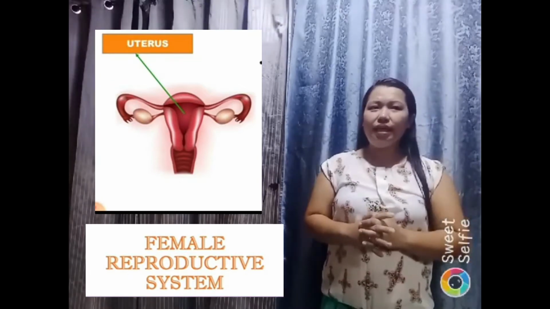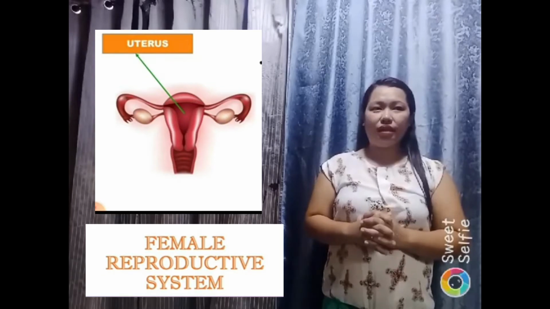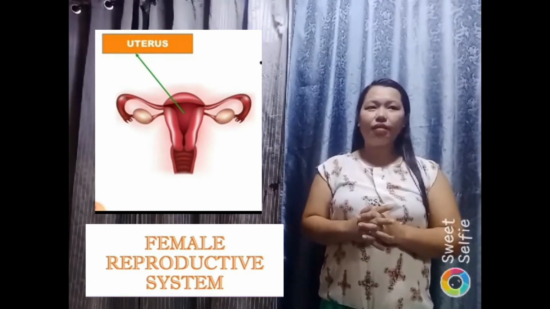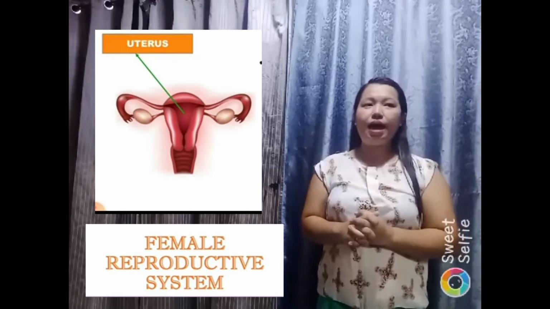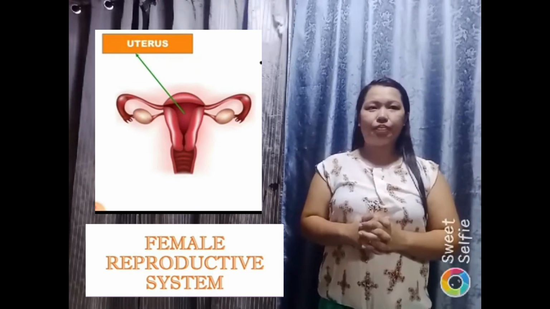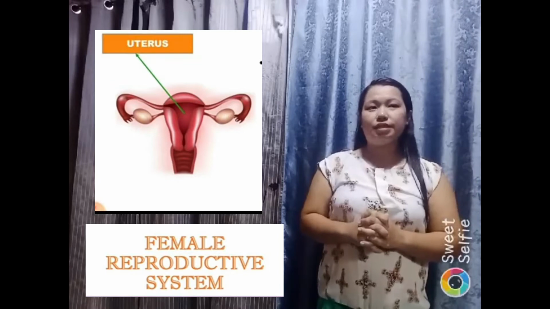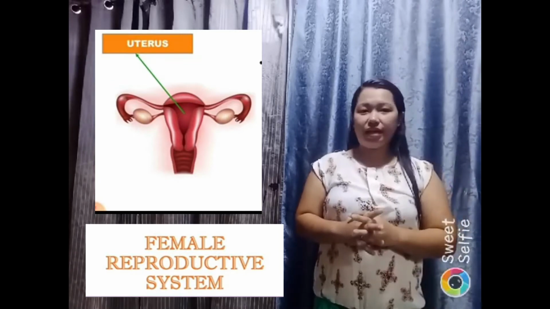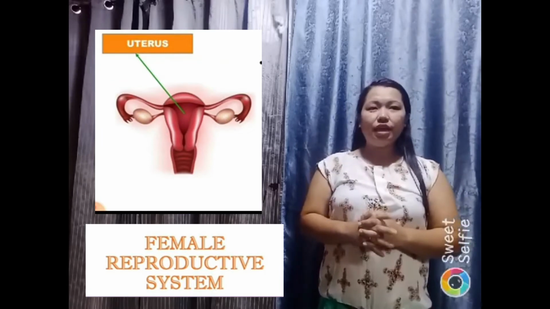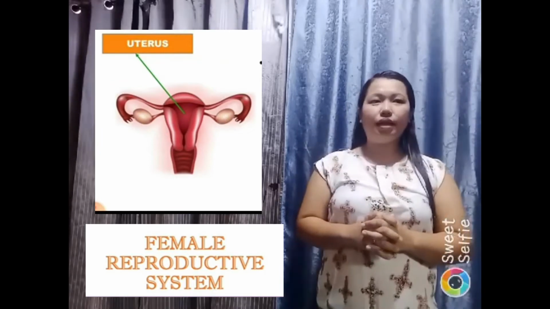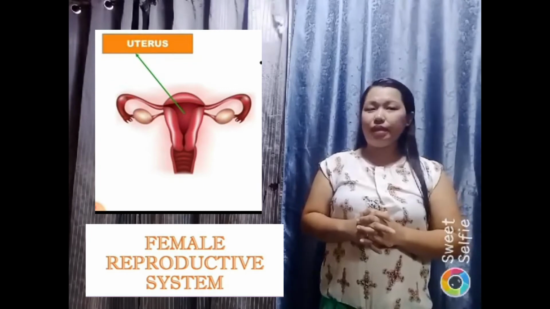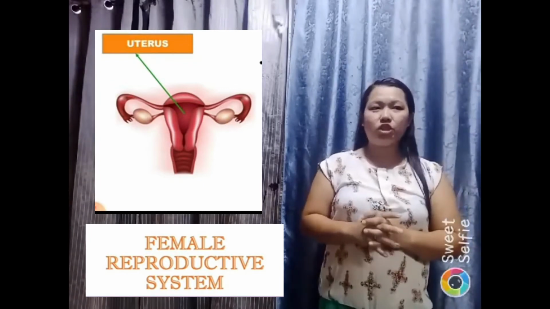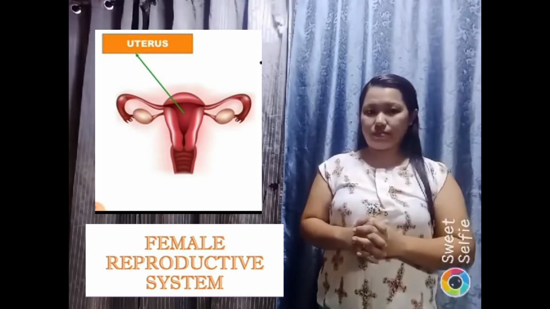This uterine lining becomes thicker as it accumulates blood and nutrients to be ready for the unborn baby as it develops. The uterus is also the site where the fertilized egg is implanted. If the egg cell is not fertilized, it will break down together with the uterine lining. After breakdown, it will be discharged during menstruation.